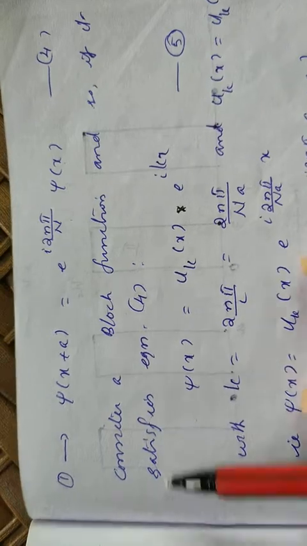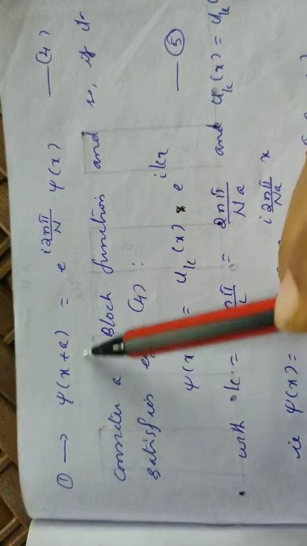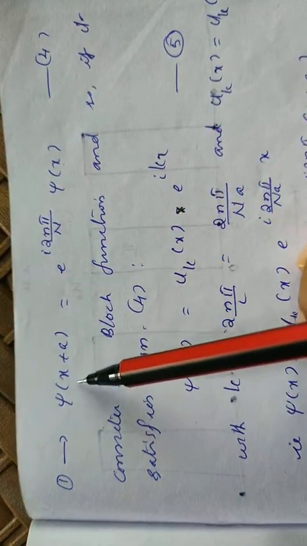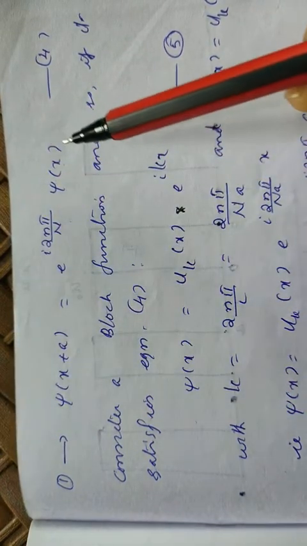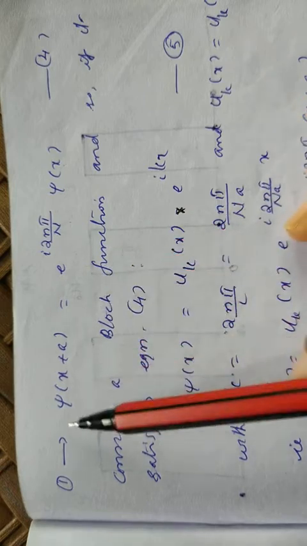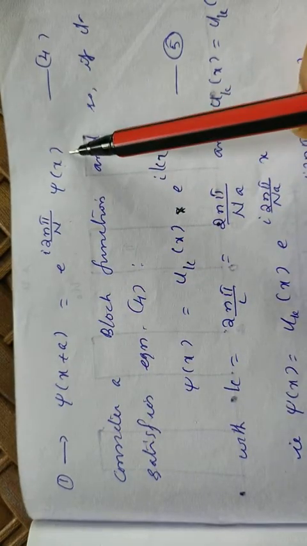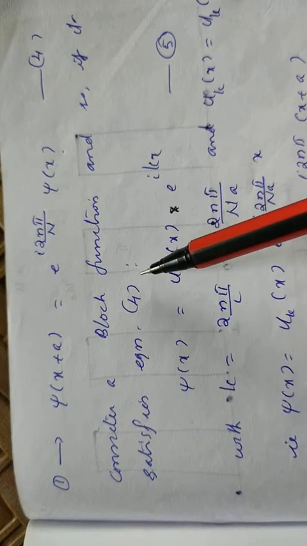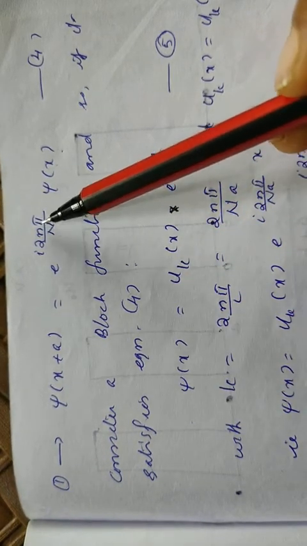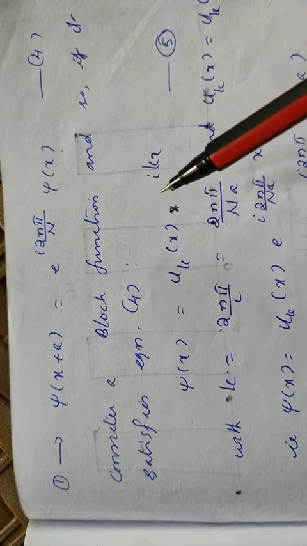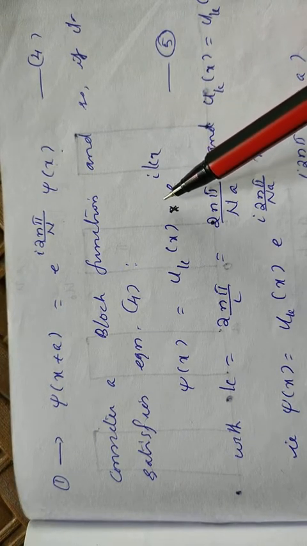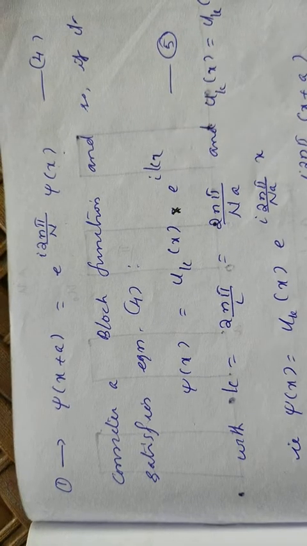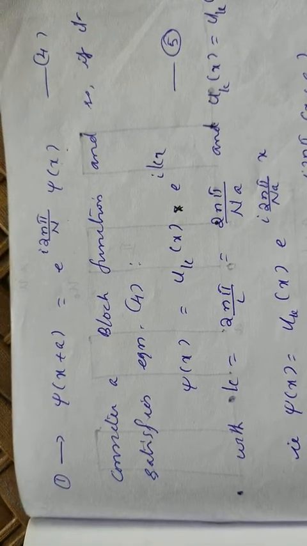So what we are doing is, we have got the Schrodinger wave function by considering the ring of atoms. So we have to consider the Bloch function and check whether this function is in the form of the Bloch function. If it satisfies, then it is the proof for Bloch theorem.